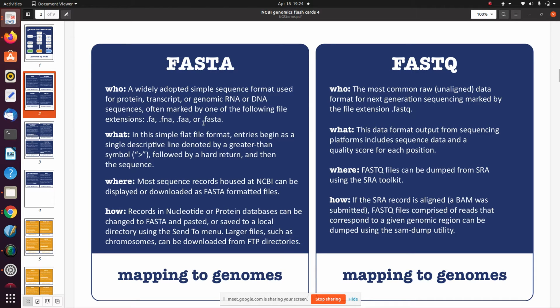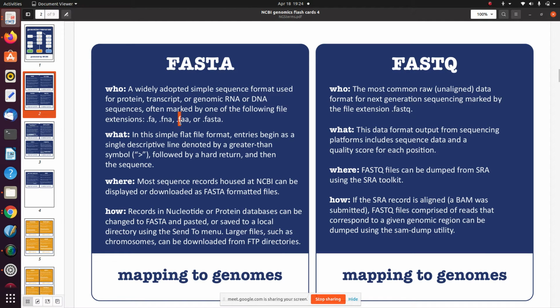FA or FASTA are equivalent. FNA is usually used for DNA FASTA sequences, which are in FASTA format.